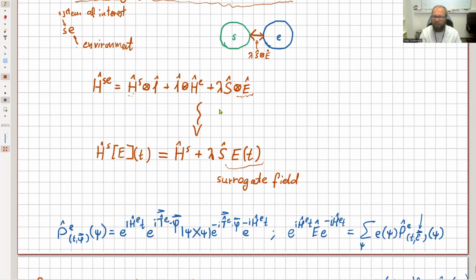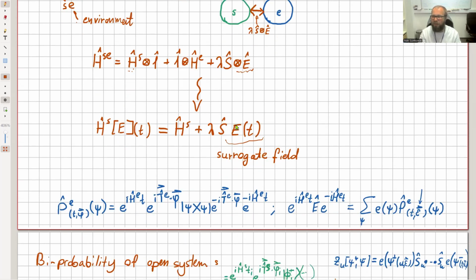We want to model this with this surrogate field, where we eliminate the environment and replace it with dynamics in S only, where the influence from the environment is mimicked, simulated by this surrogate field, the stochastic process E_t.